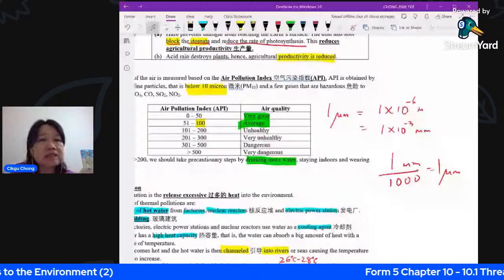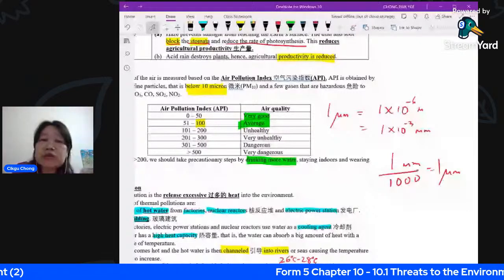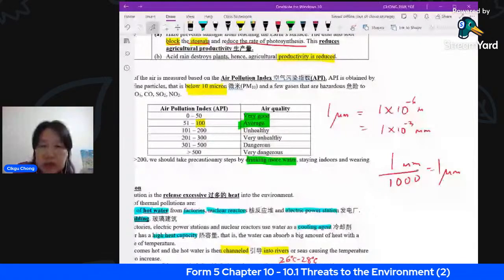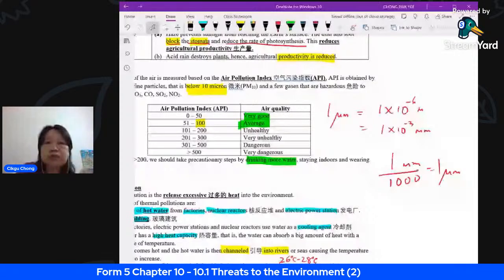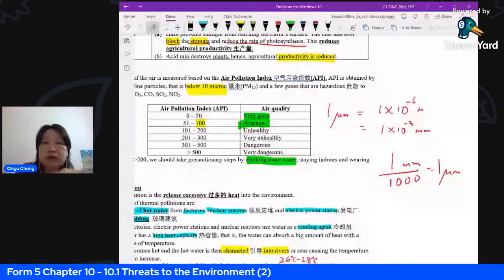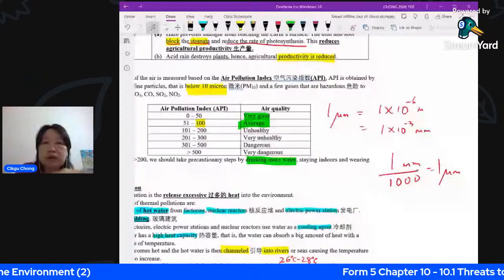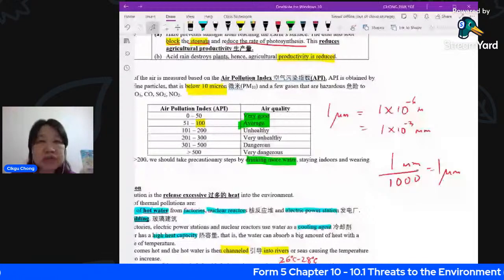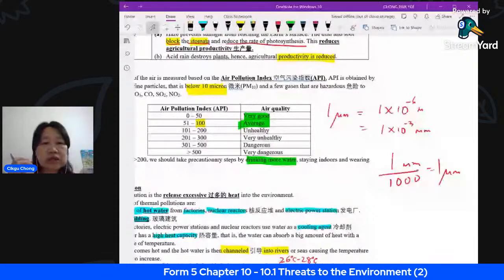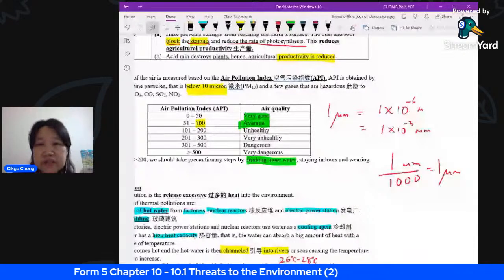They cool down the machine. And what happens when the water comes into contact with a hot substance or the metal or the machine? It absorbs heat. Water is very good at absorbing heat. It has a very high specific heat, latent heat, so it's able to absorb a lot of heat.